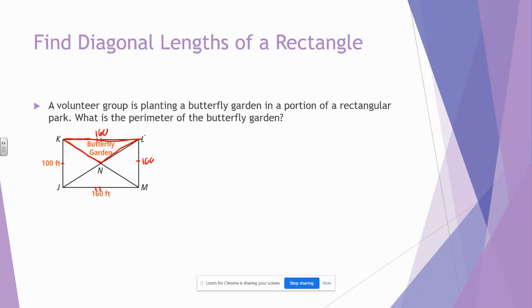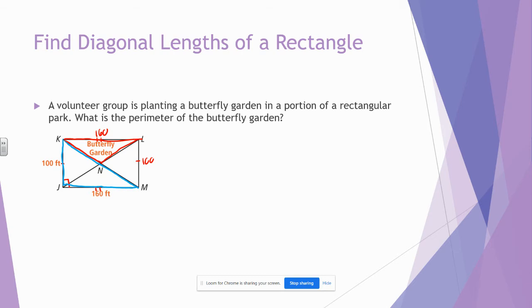So we know one side of the garden, we just need to find the other sides of the garden. So since this isn't a rhombus, we don't have a right angle right here. We can't use the Pythagorean theorem. However, since we have a right angle right here, we can use that, with this side and this side to find the length of KM.